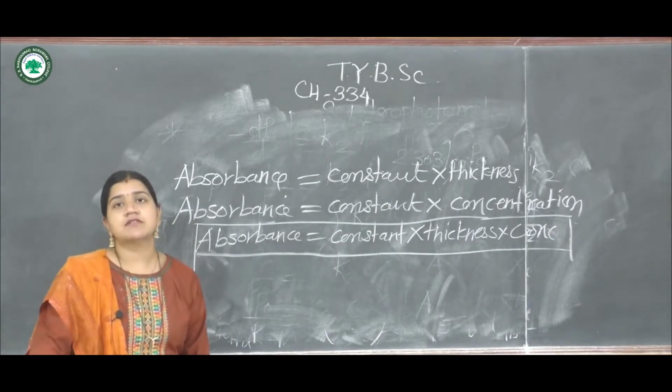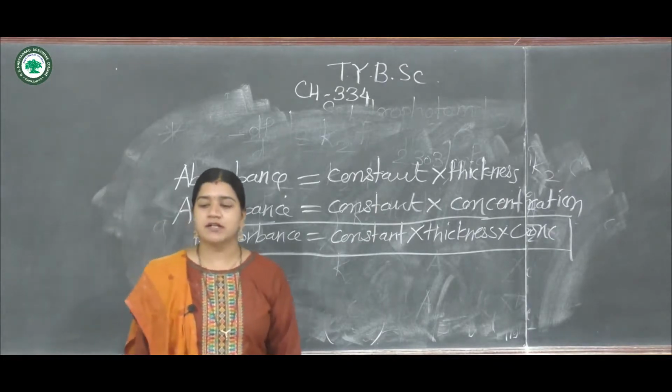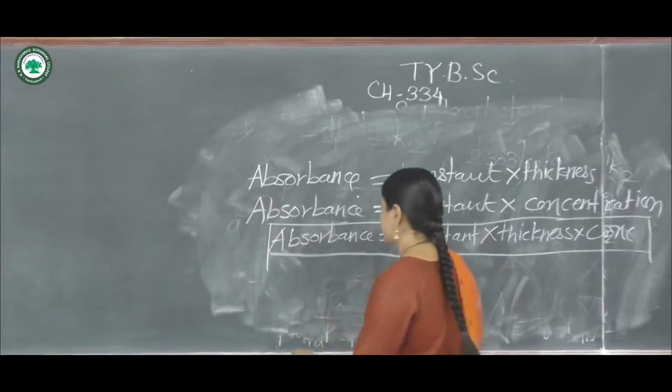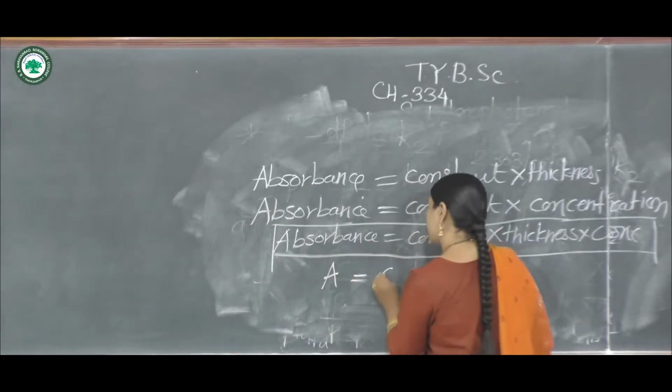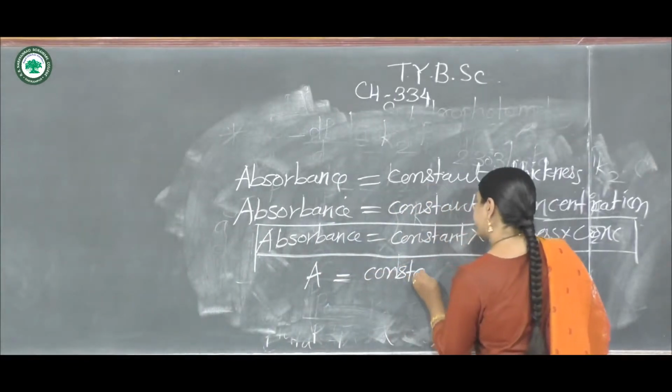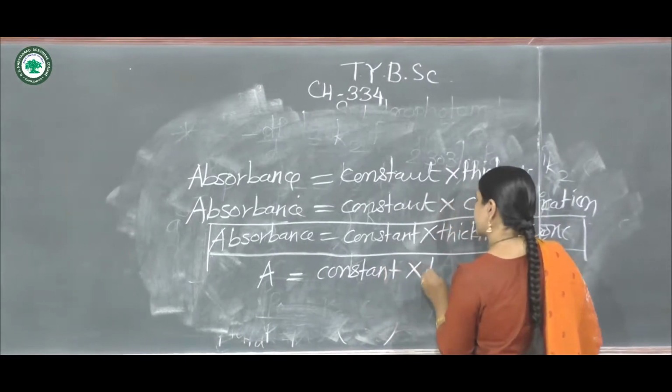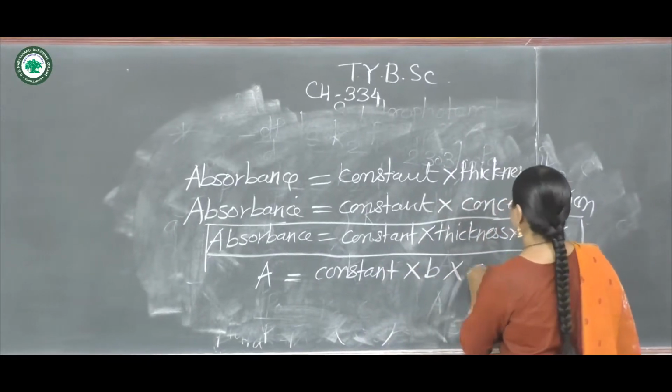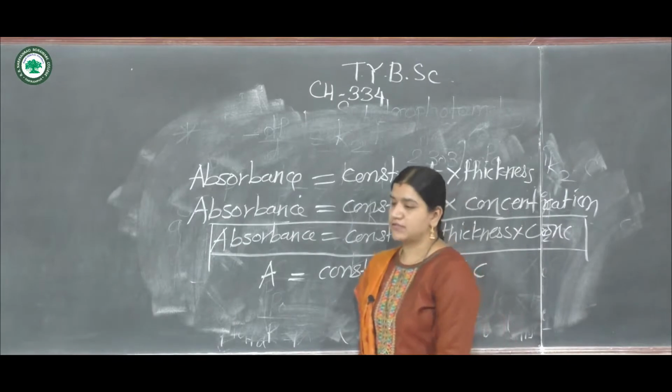So absorbance is nothing but the constant into B into C. Here thickness we represent by small b, and concentration by C.